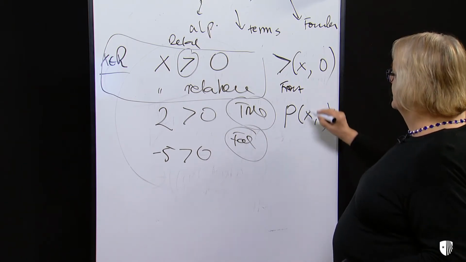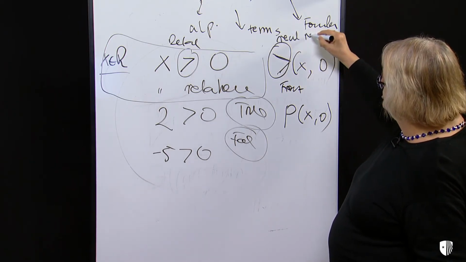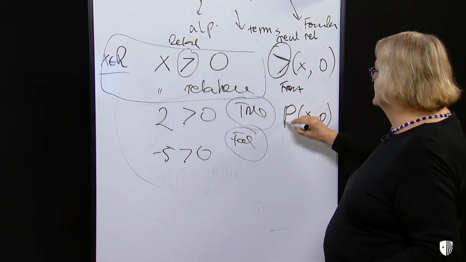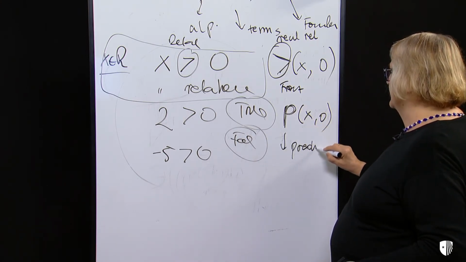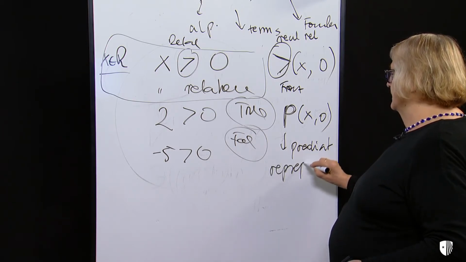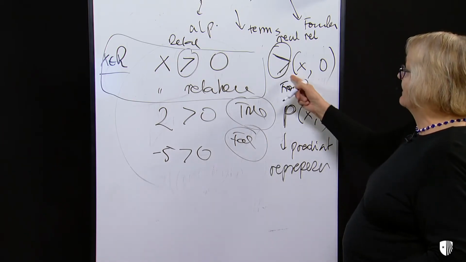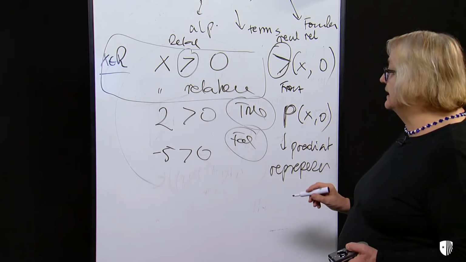So we would say that this is the real relation, and this is the symbol or predicate representing that relation. That's why we write the predicates this way.